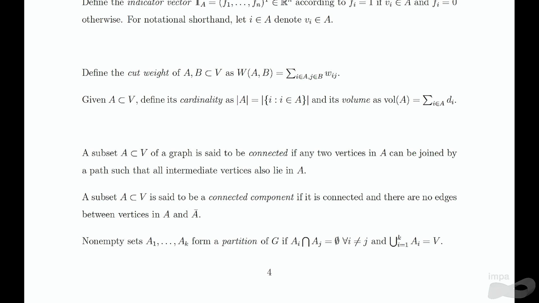Right? So all the connectivity happens within the connected component. And then if we have a vertex set, a partition for that vertex set is just a set of non-empty subsets whose intersections are all the empty set and whose union gives us the entire vertex set. So just a partition in the usual sense.